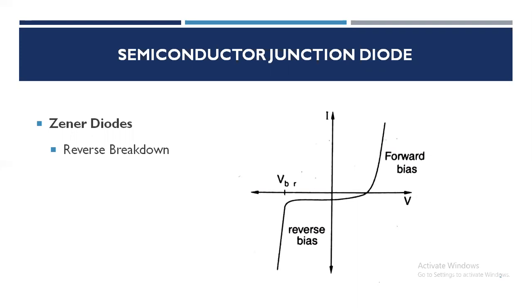Now, what is reverse breakdown? The process which causes the large reverse current to flow is called breakdown. There are two different processes which can lead to breakdown: Zener breakdown and avalanche breakdown.